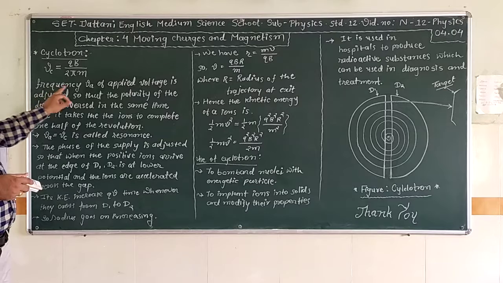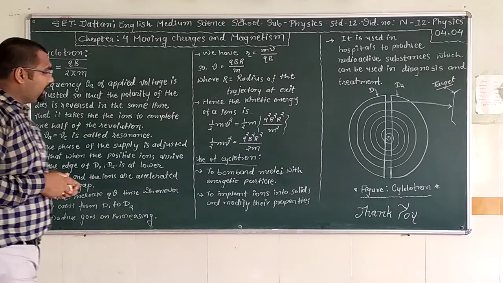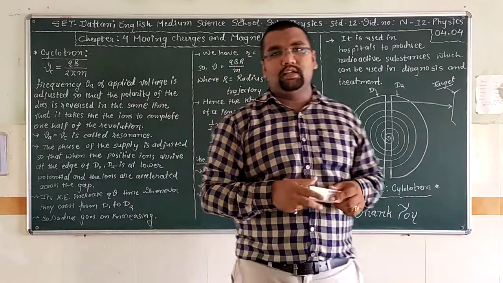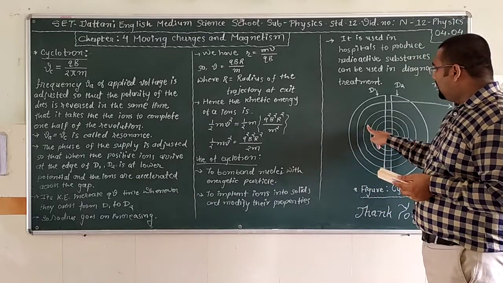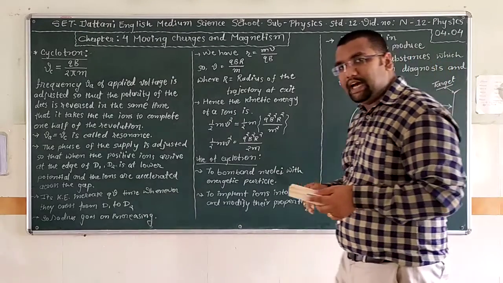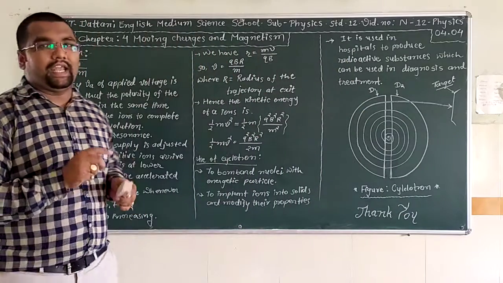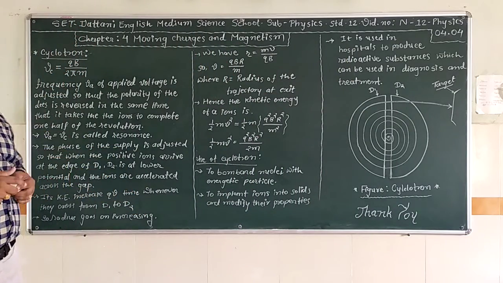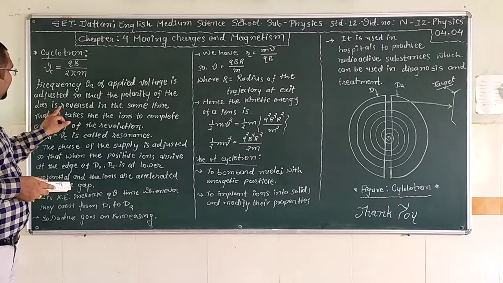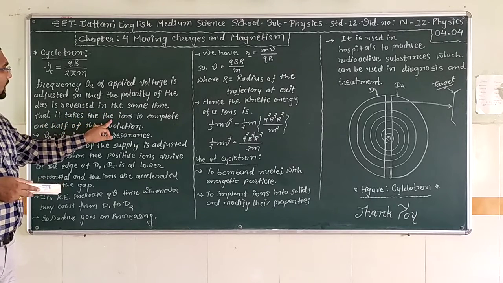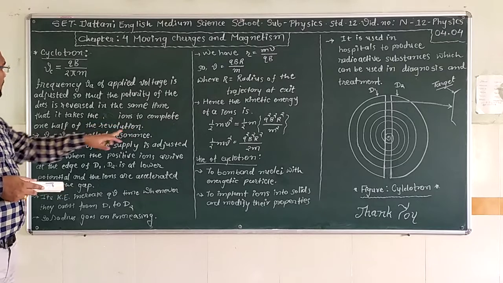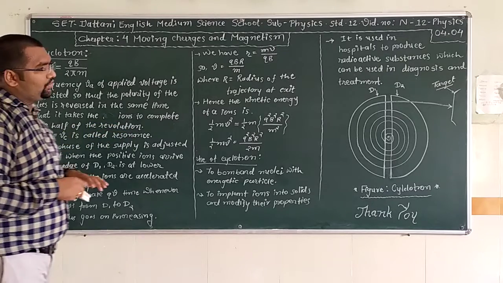Here the frequency Va of the applied voltage is adjusted so that the polarity of the D's is reversed. Whenever the charge is coming out from one D, the other D should be of opposite charge, so that the charge can easily go into the other D. So both frequencies must be equal, and the D's are reversed in the same time that it takes the ions to complete one half of the revolution.